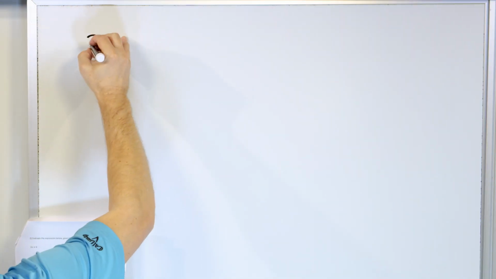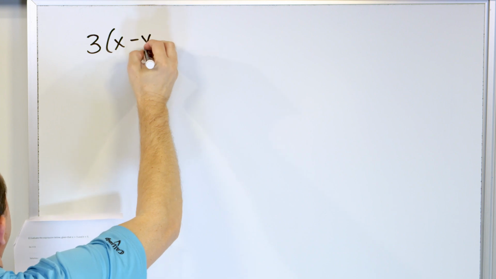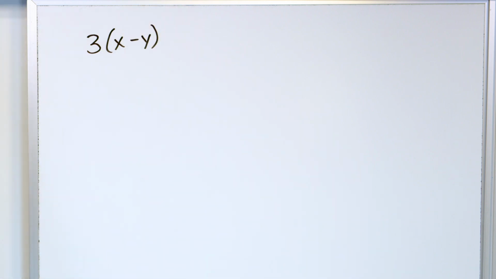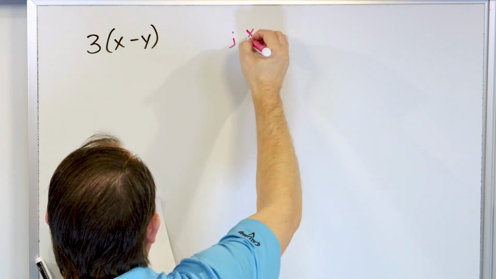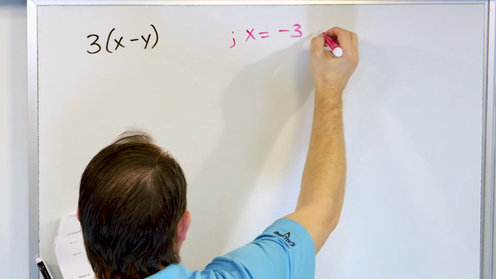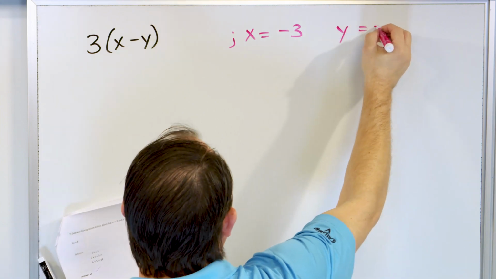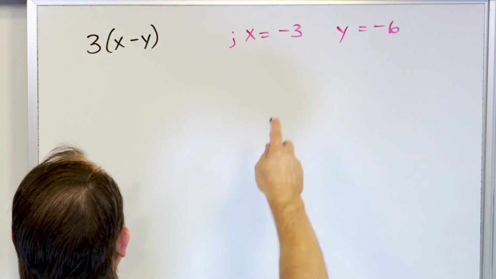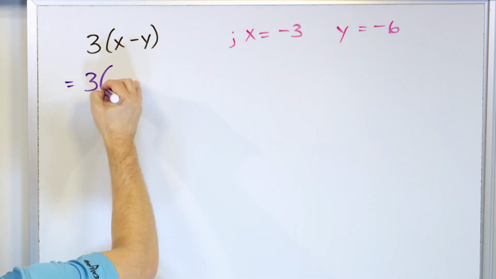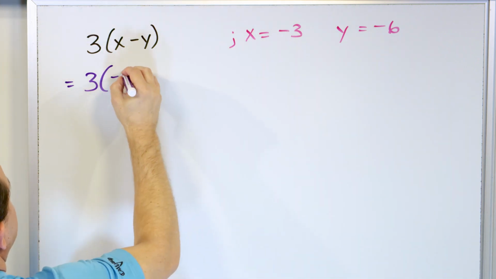All right. Move right along. What if we have 3 times x minus y? And I'm going to tell you ahead of time, let's say, that x is -3 and y is -6. So I stick those values in the proper locations. Here, x we're saying is -3, so I write -3.